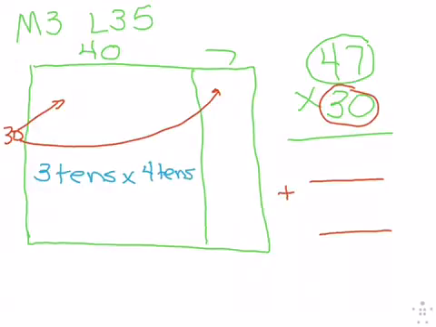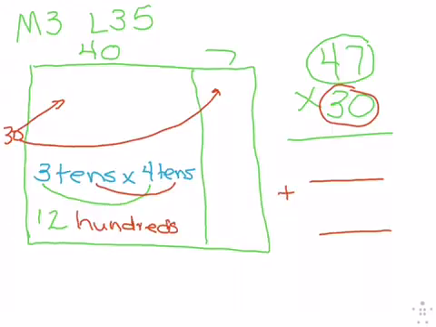Make sure you get that down. We know that we multiply 3 times 4, which gives us 12, and that we multiply 10 times 10, which gets us 100. So it's 12 hundreds.